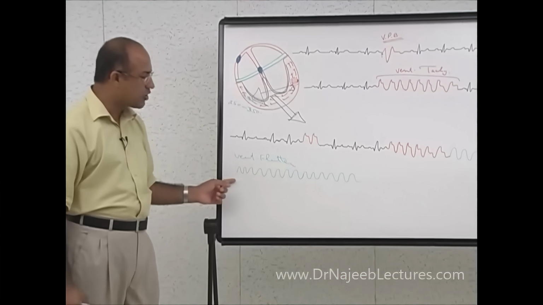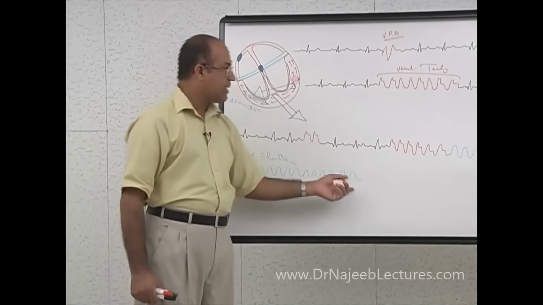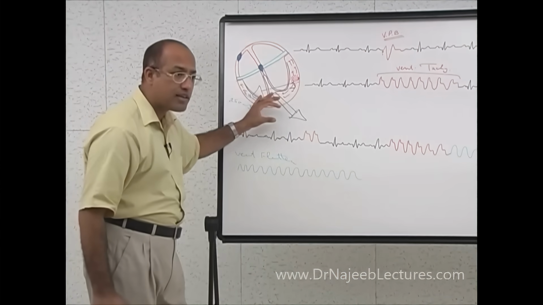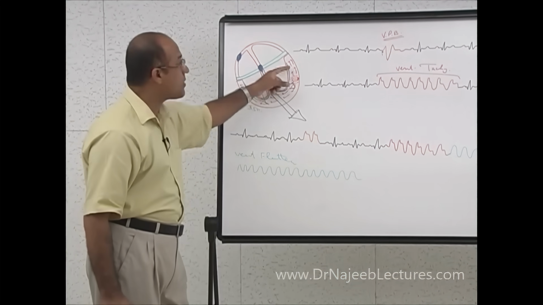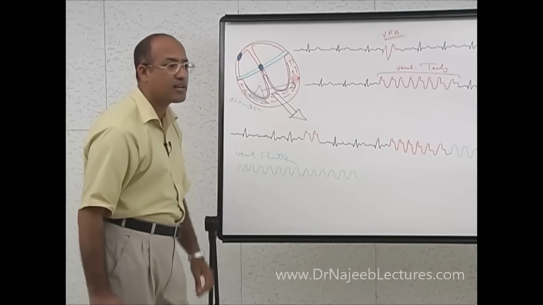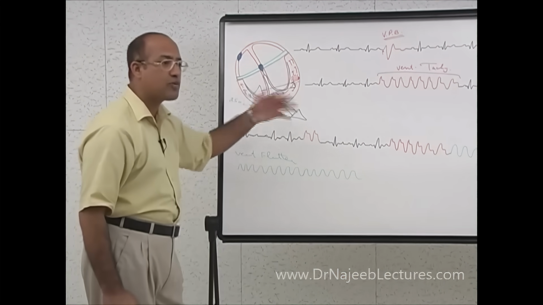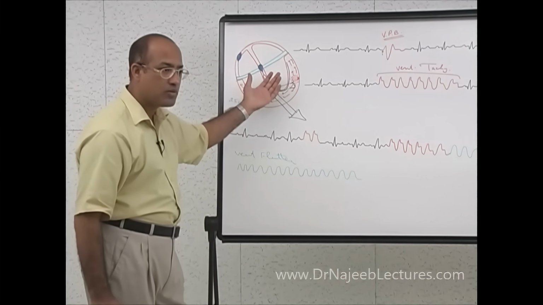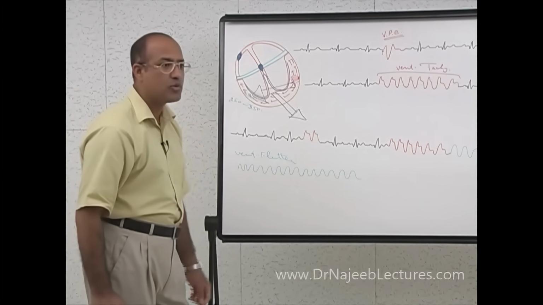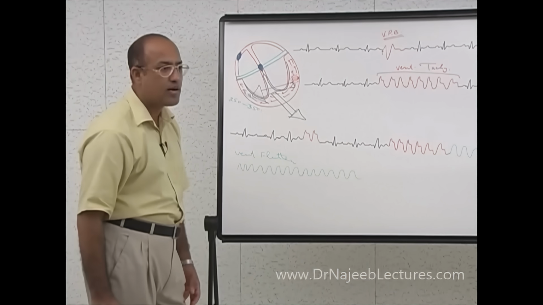So if flutter continues for a longer time, then naturally cardiac output will dangerously drop. When cardiac output drops, then multiple hundreds of areas of severe ischemia will appear in the heart, and every area will start firing on its own. And when hundreds of areas start firing simultaneously, we say there is onset of ventricular fibrillation.